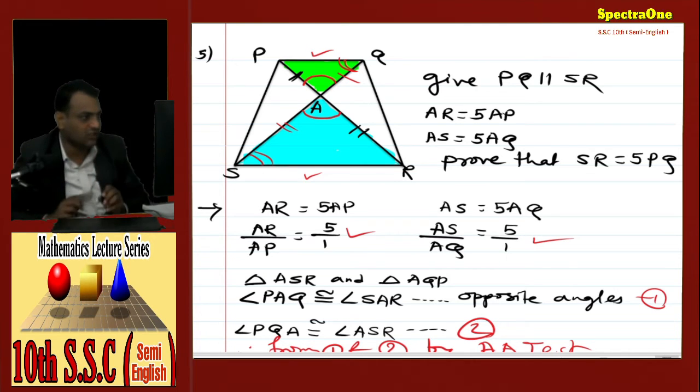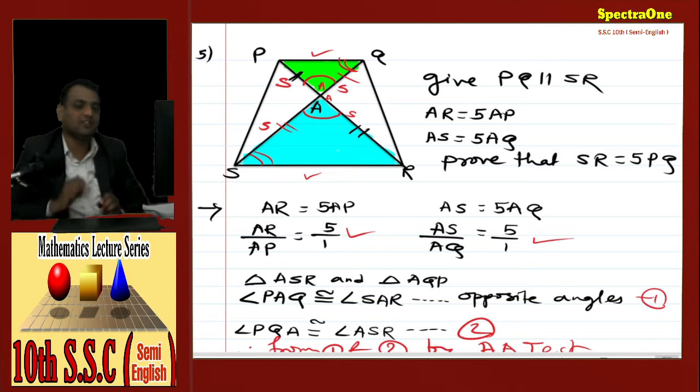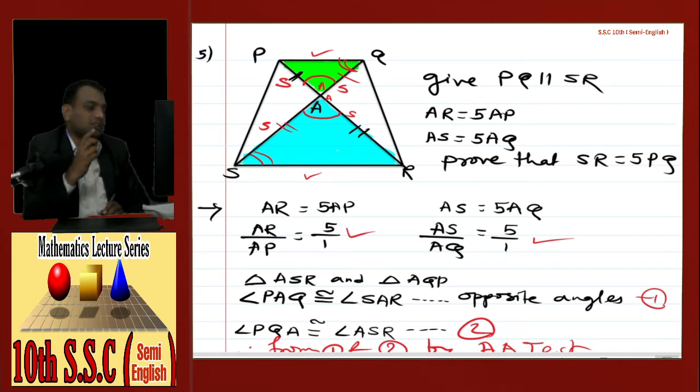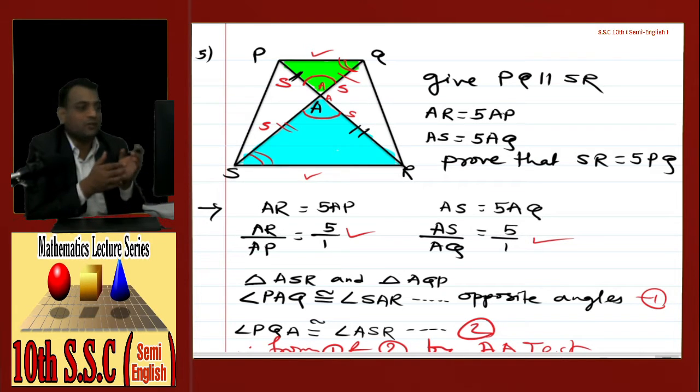Sides are in proportion and the angles are equal. Therefore, by the side angle side test, triangle ASR and triangle AQP are similar. That means by using the angle test or the side angle side test, these two triangles are similar. In the exam, we can use any method.